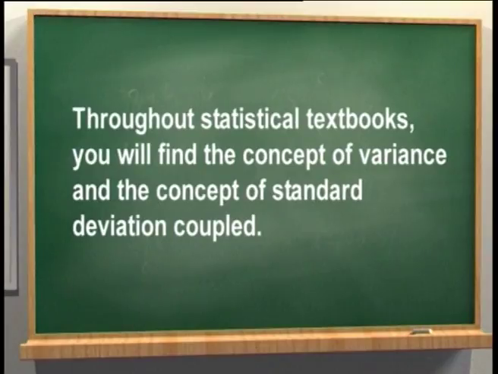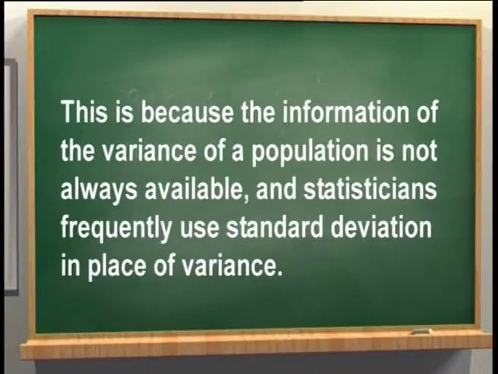Variance is the variability in certain traits in a population of interest. Throughout statistical textbooks, you will find the concept of variance and the concept of standard deviation coupled. This is because the information of the variance of a population is not always available, and statisticians frequently use standard deviation in place of variance.